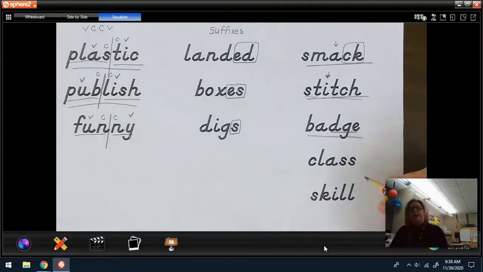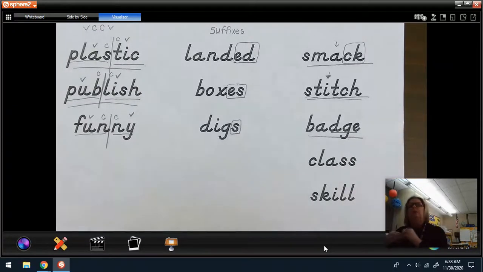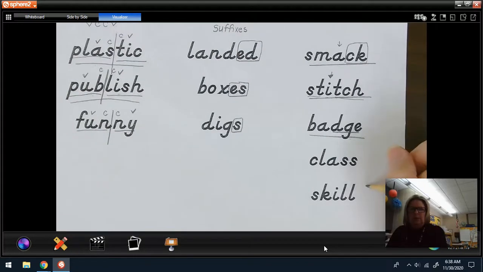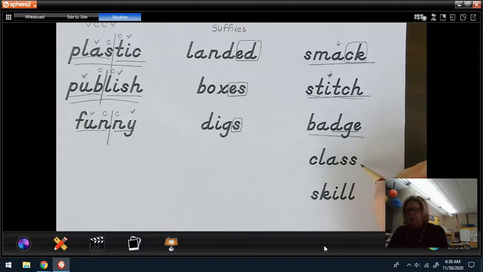And then the final words at the bottom, they follow that floss rule. Words that have the sound s at the end, or l or f or z, you have to double it. So the floss rule says it's a one-syllable word with one short vowel, and then you would double if it ends with s, l, f, or z.